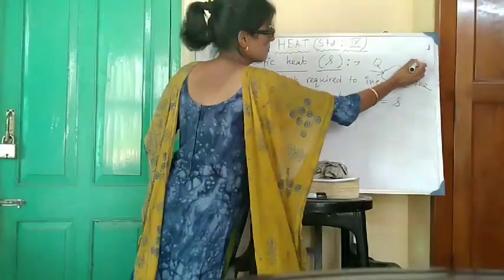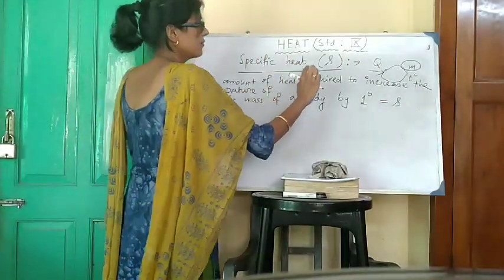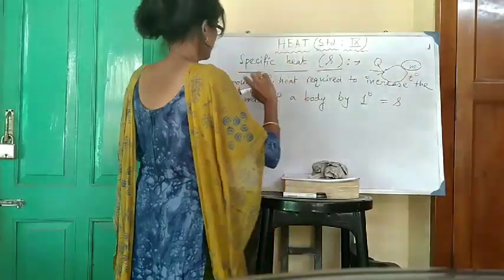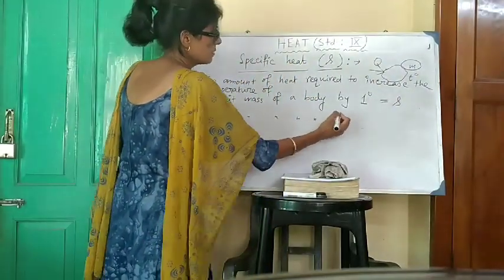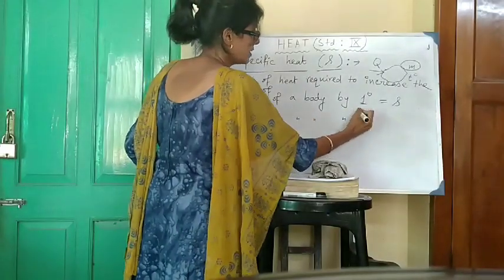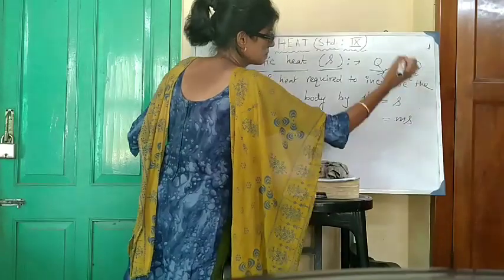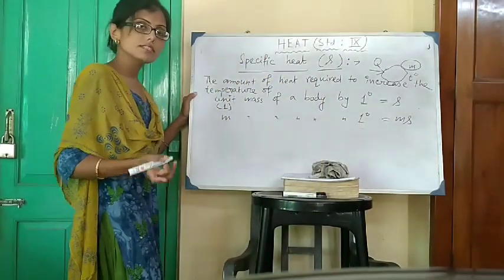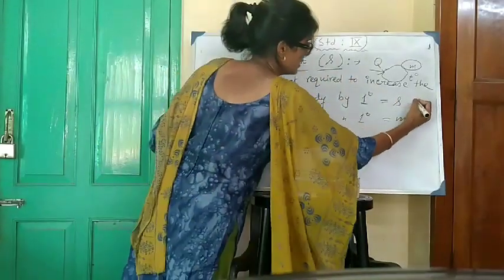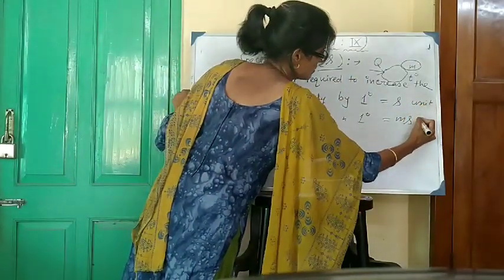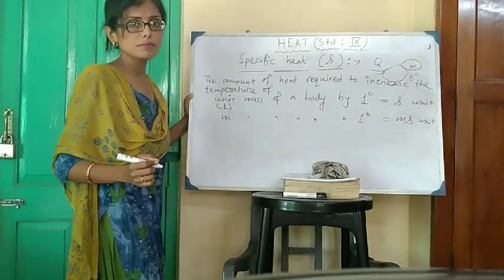Okay, the arbitrary mass of the body is m. So we can write the amount of heat required to increase the temperature of m mass of the body by 1 degree, keeping 1 degree constant, is equal to ms. This is the unitary method, and later we write the s unit, so ms unit, depending on the system of unit that we are using.